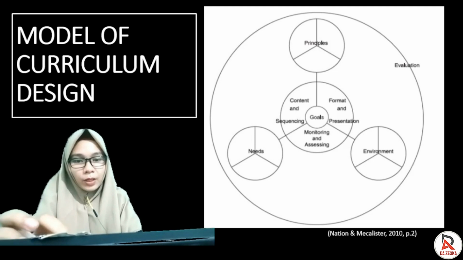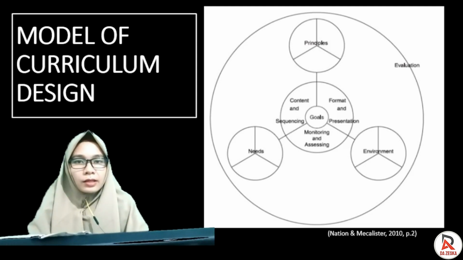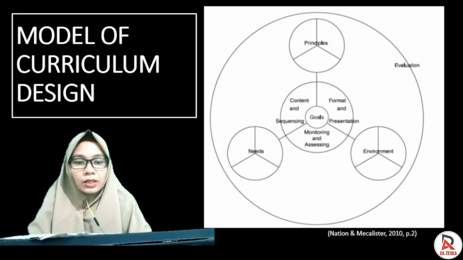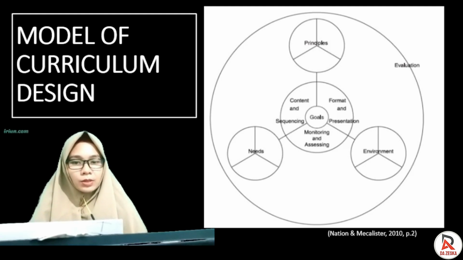The format of the lessons or the units of the course, just like the techniques of your teaching, the techniques that the students will use in learning the materials that you provide to them, or the types of activities. That also could be types of activities, and teaching methods also could be one of the examples of formats in this format and presentation.